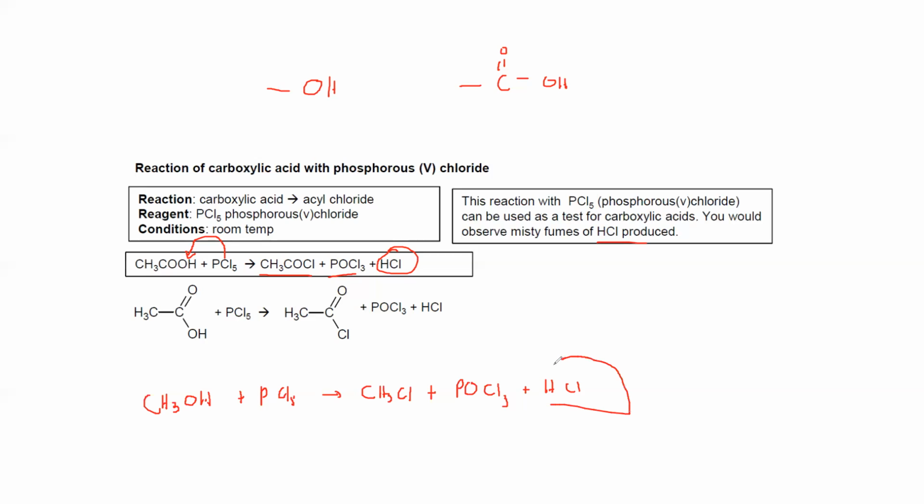And these HCl misty fumes will turn into dense smoke if we add aqueous ammonia or bring it near a bottle of ammonia.